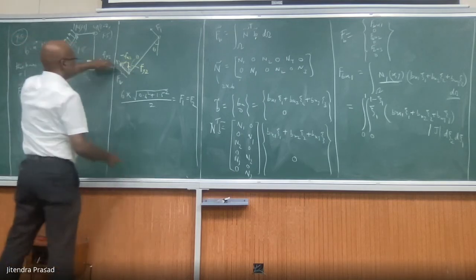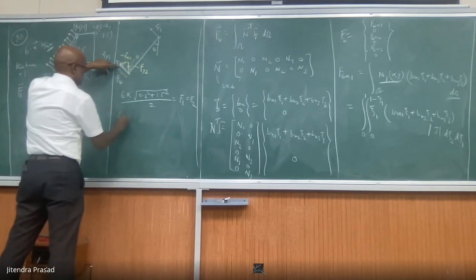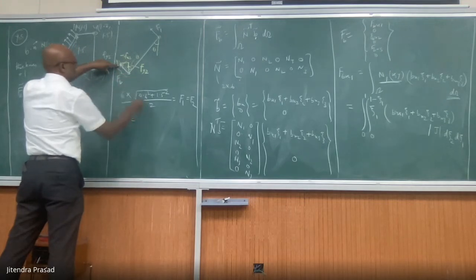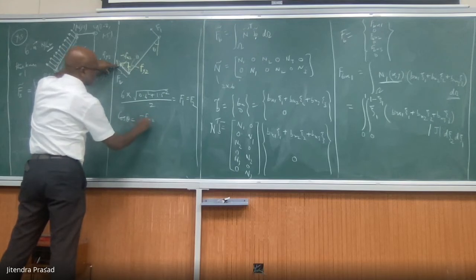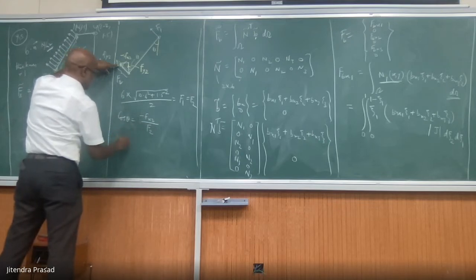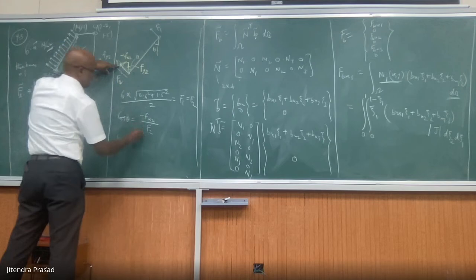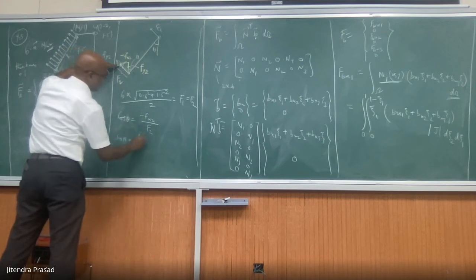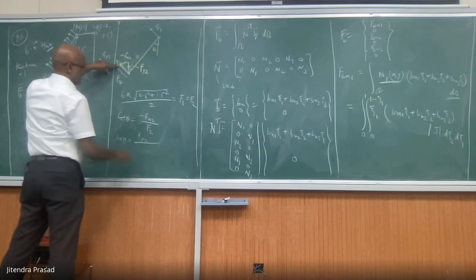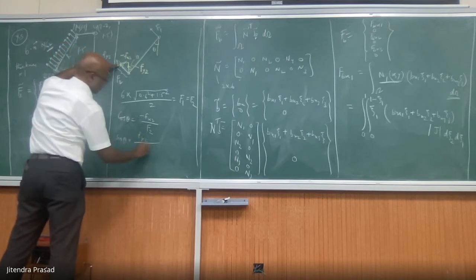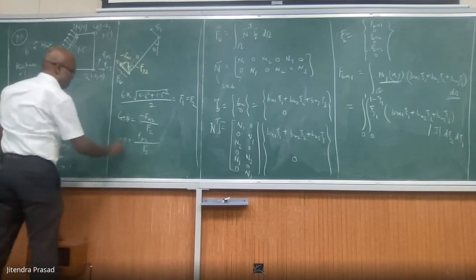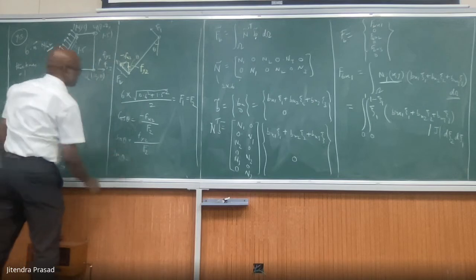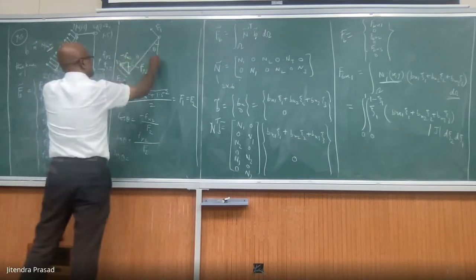And what do you get? You get cos theta equal to minus fx2 divided by f2, and sin theta equal to fy2 divided by f2. And sin theta you can find out from here.